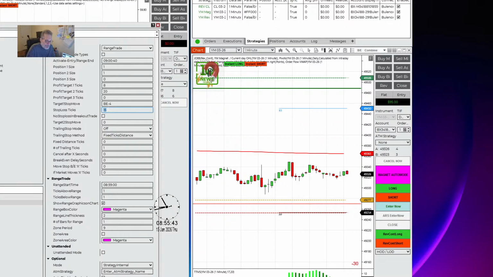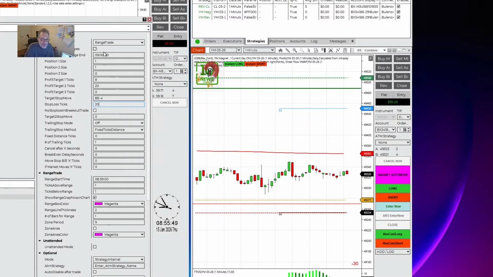The stop has to be at least a 20. Francis has been using a 30 with great success, so I will reserve judgment on increasing the stop. Target of 8, target of 20, BE minus 4 if it hits my first target.